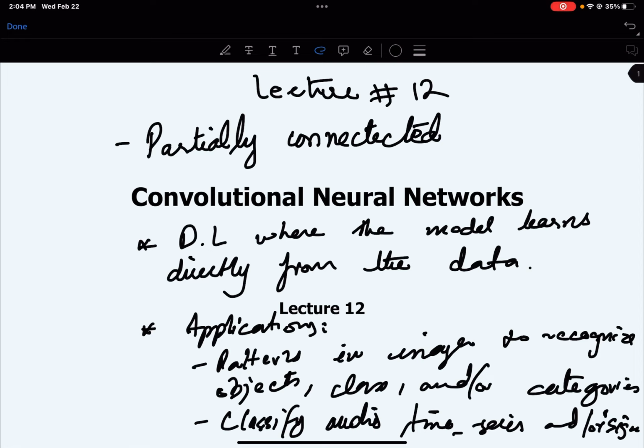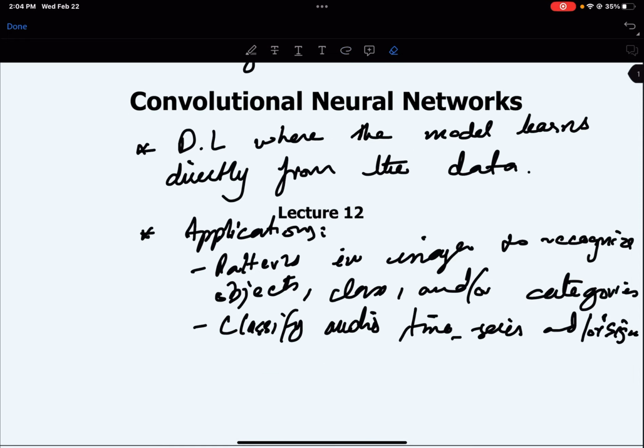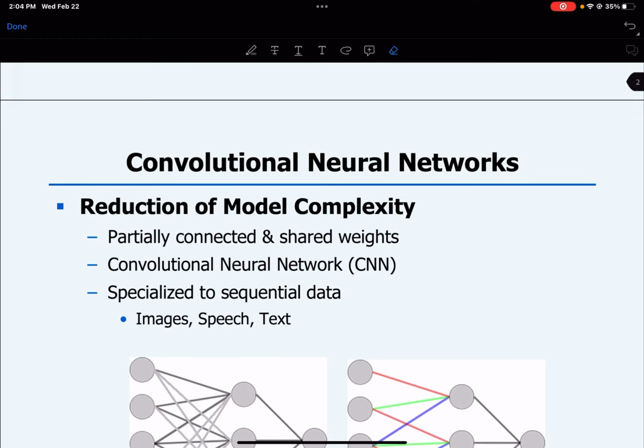So these are some of the application areas where we can use our convolutional neural networks.